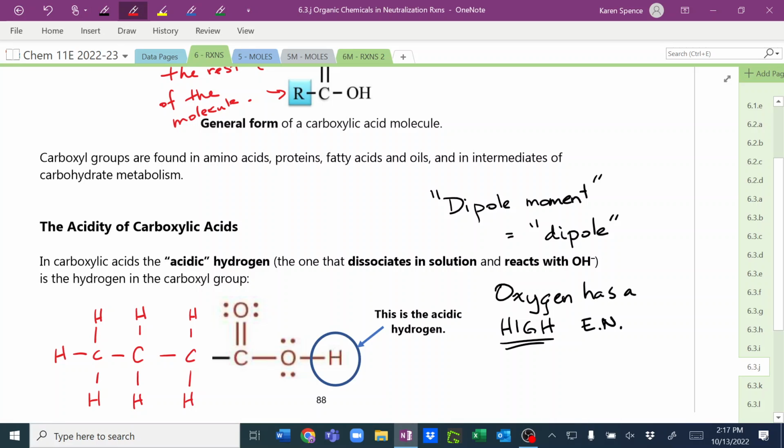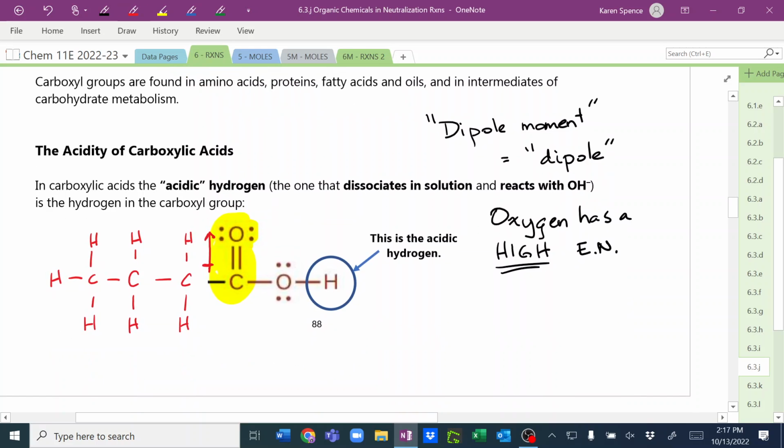So when we draw our dipole arrow on the carbon and oxygen here, what would our dipole arrow look like? Would it be pointing up or down? Pointing up, okay? So there's our dipole arrow there. And when we have our dipole arrow between the oxygen and the hydrogen, that's also pointing to the left here.